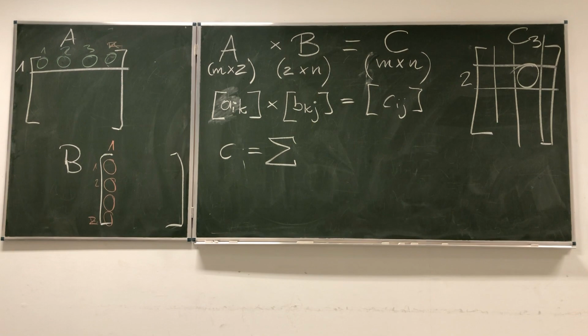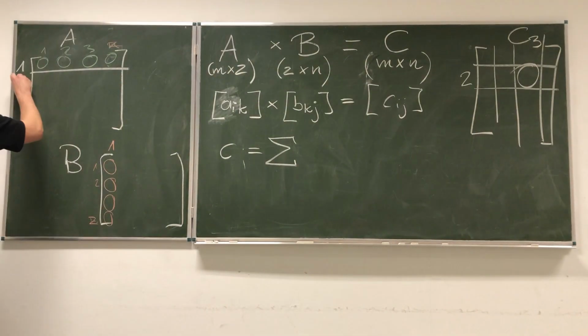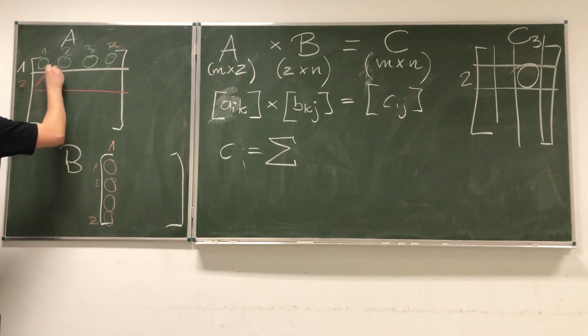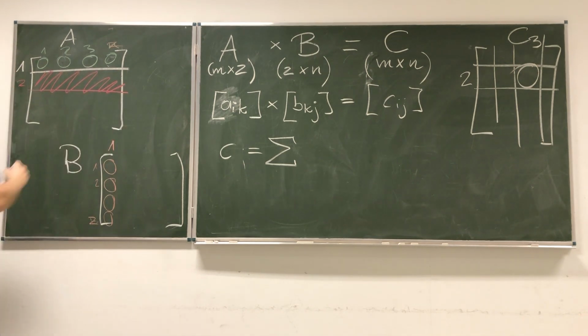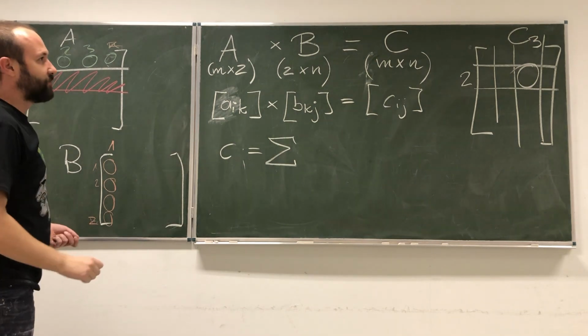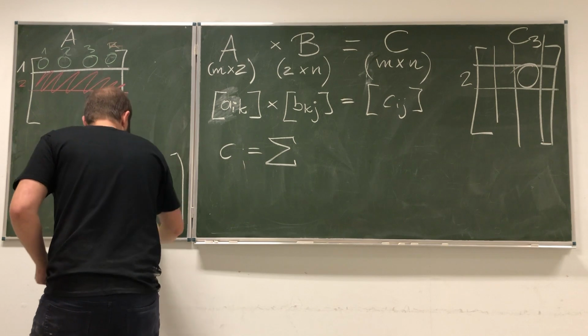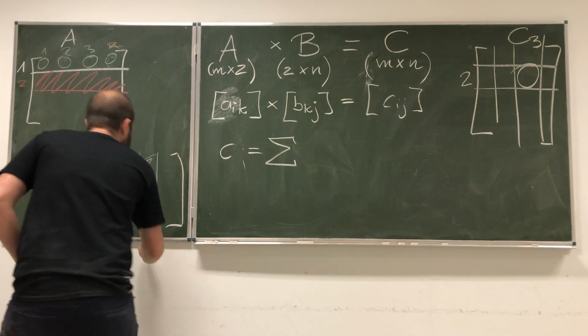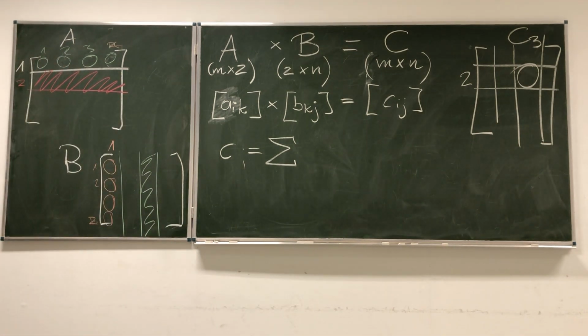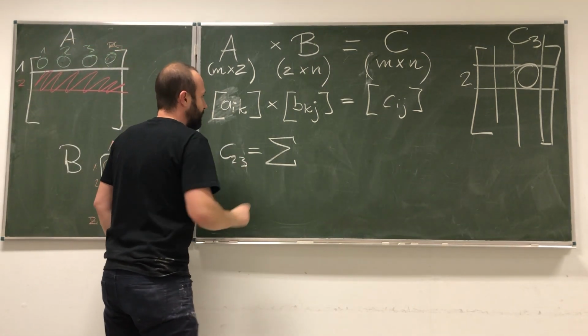Well, I would have to use the second row from matrix A, and I would have to use the third column from matrix B, right? So I'm looking for element 2, 3.